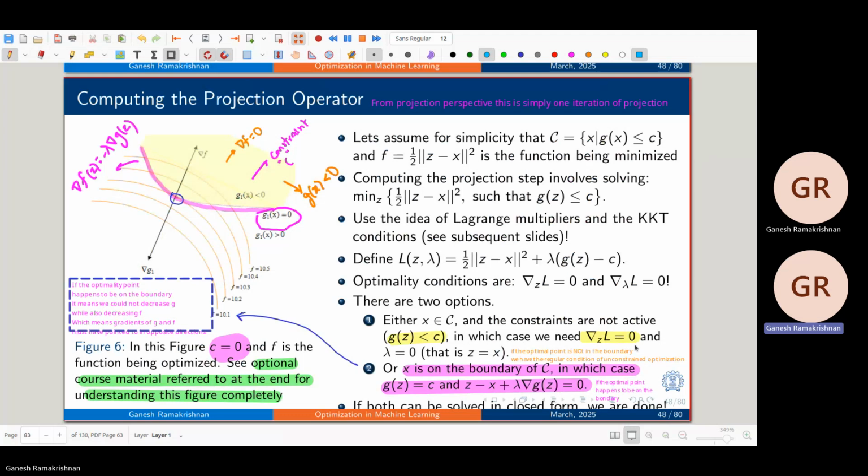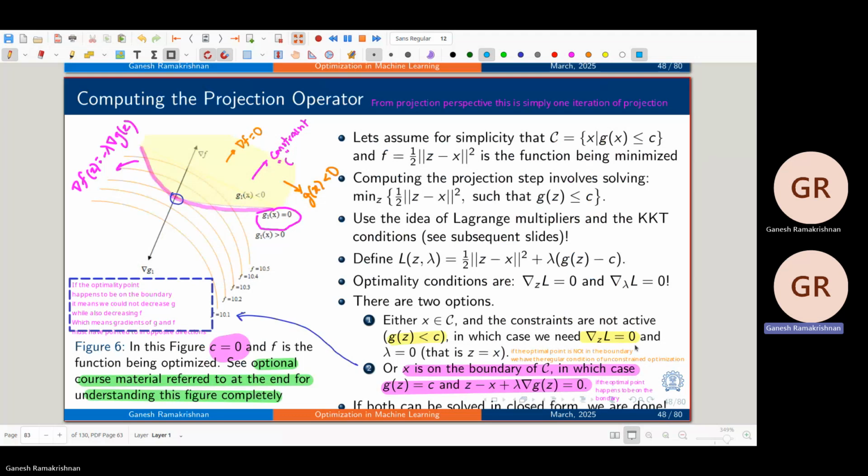I'm on the boundary. If the gradient of f has a positive component along the negative of the gradient of g, what does it mean? You can safely stay inside the constraint and yet attain a positive result.